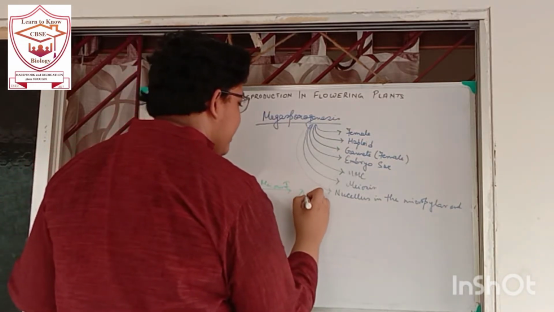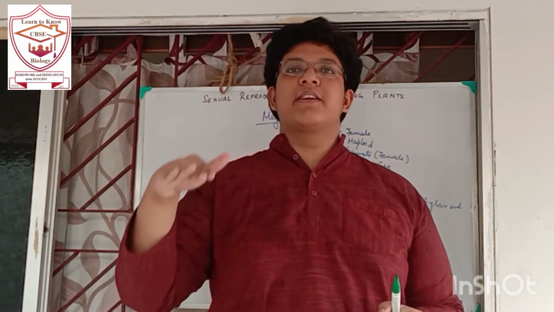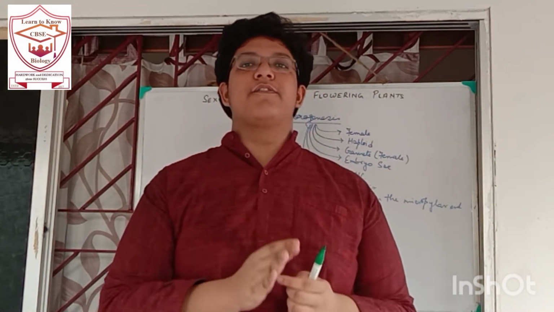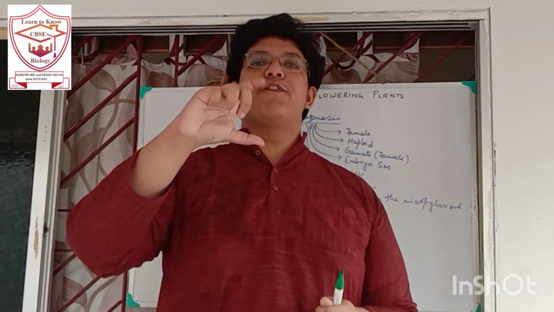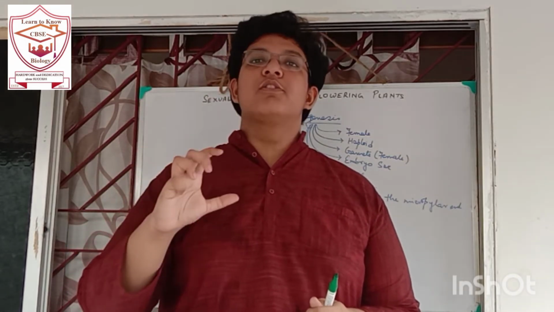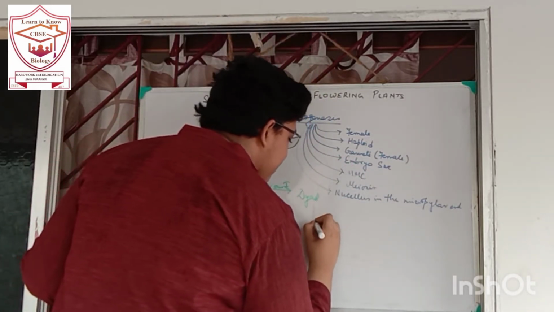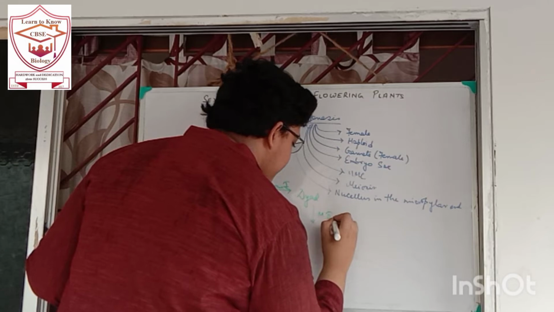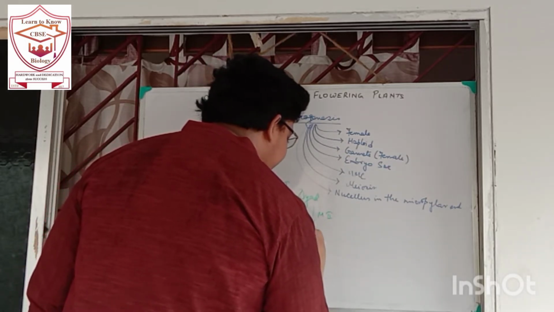It forms a dyad. First, listen very carefully. The megaspore mother cell undergoes transverse division to form 2 haploid cells. Those are known as dyad. Next, this dyad undergoes meiosis 2 in order to form the megaspore tetrad.